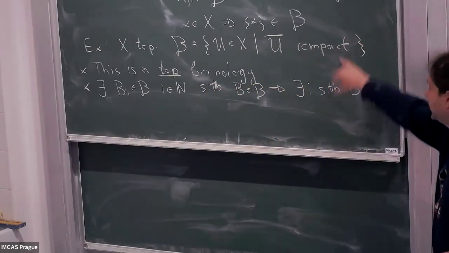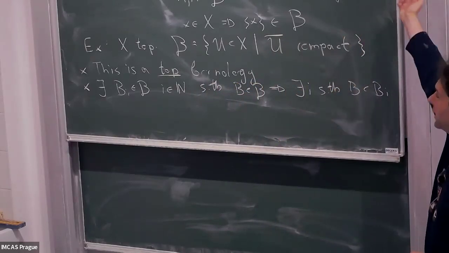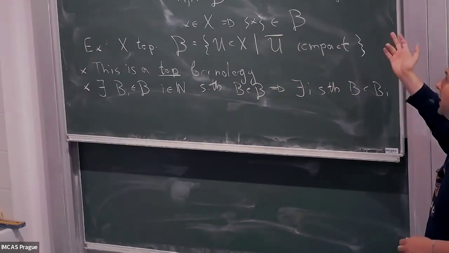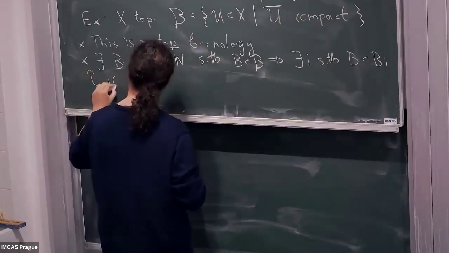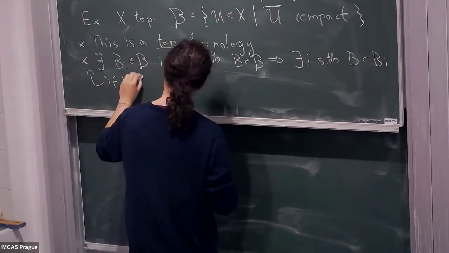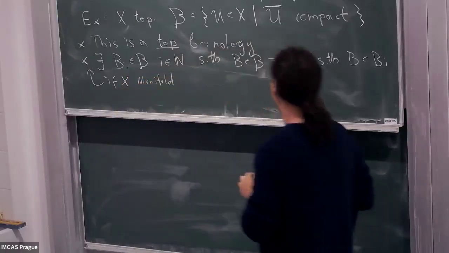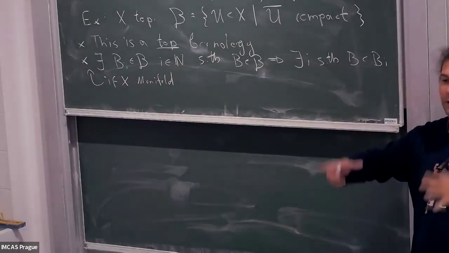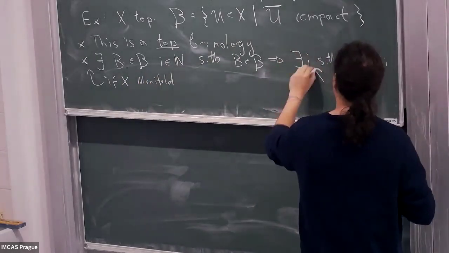So this is not in general true for a topological space. This is something which is true if X is, for example, a manifold. So this property says that I have a kind of an exhaustion by countably many bounded sets.